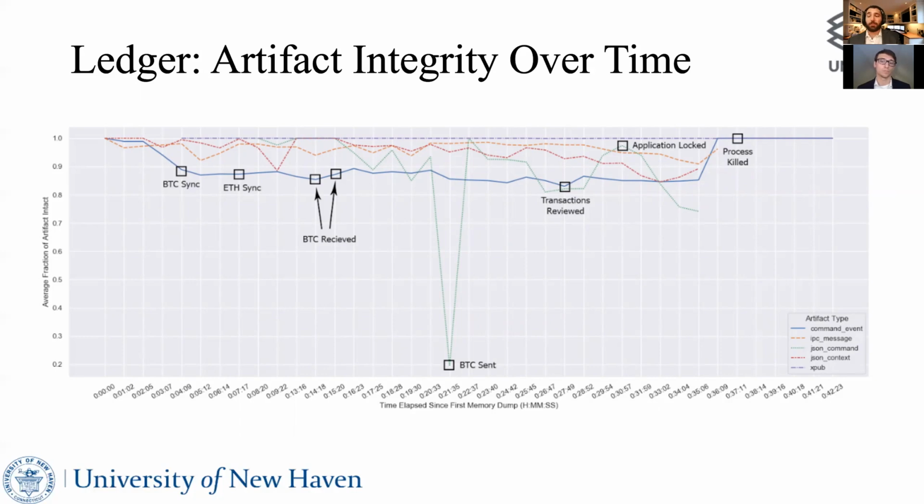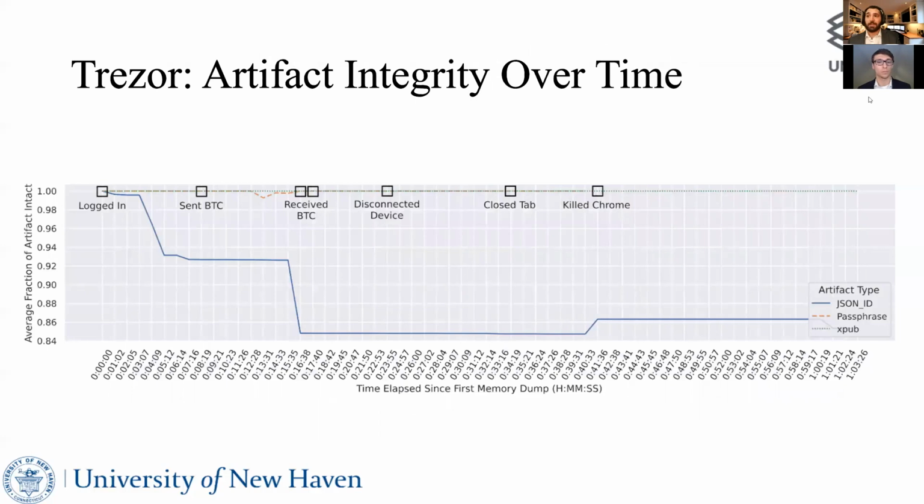Worth noting here, those objects were still present while the application was locked. And even after the processes were killed, some instances of the artifacts remained in memory and completely intact, meaning they would be extractable.